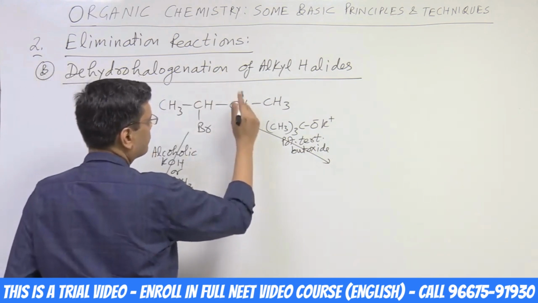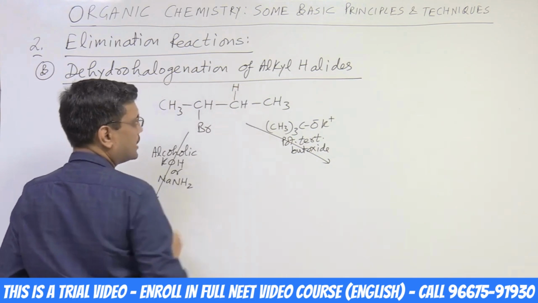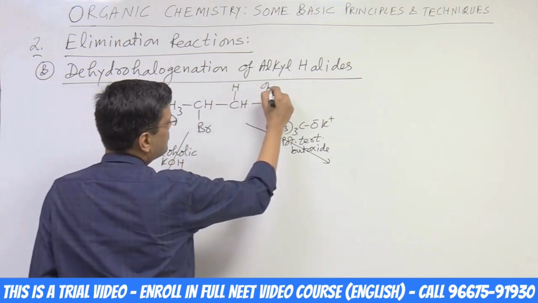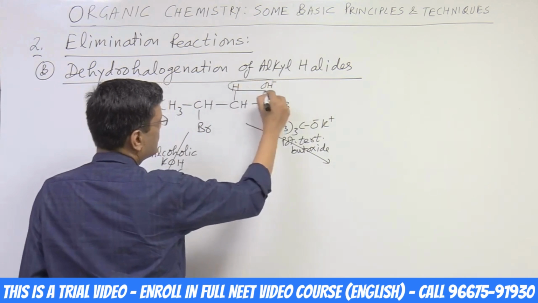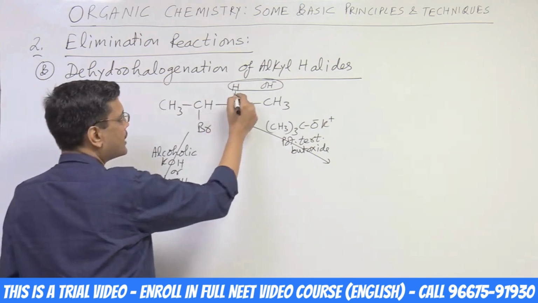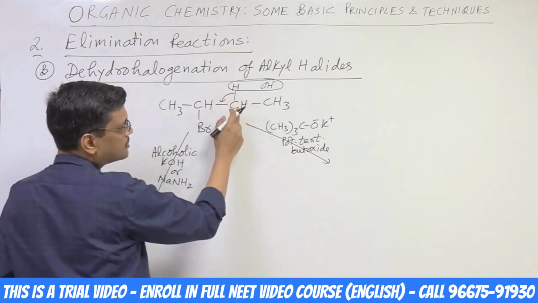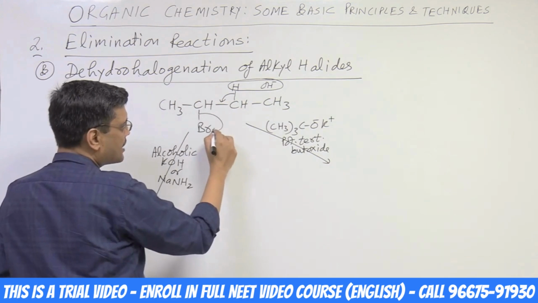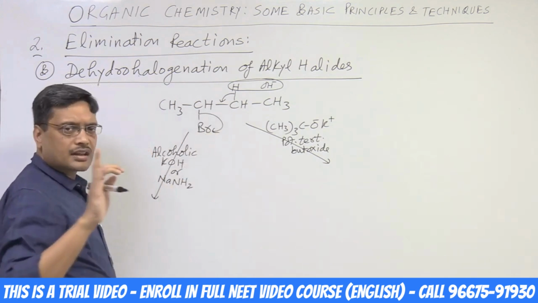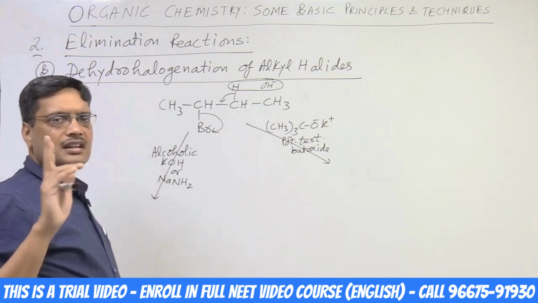So see what happens here. H is present, OH minus ion removes the H, and this bond shifts here, and Br minus is eliminated. All reaction occurs in one step, no intermediate is formed.